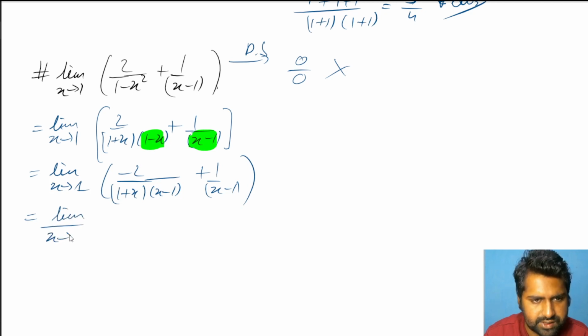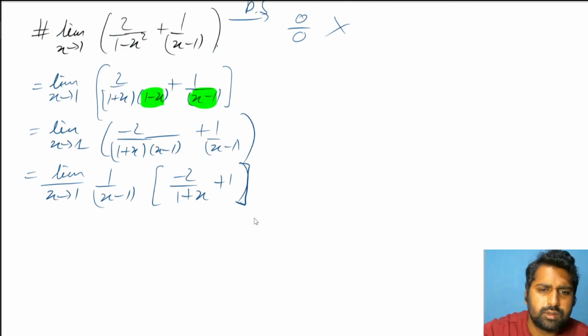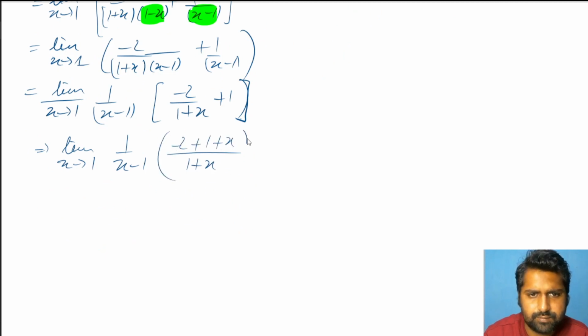So it is coming limit x tends to 1, 1 upon x minus 1, that we have taken common, and inside it is minus 2 upon 1 plus x plus 1. Let's solve it now. So limit x tends to 1, 1 upon x minus 1, LCM becomes 1 plus x, minus 2 plus 1 plus x, it becomes x minus 1.